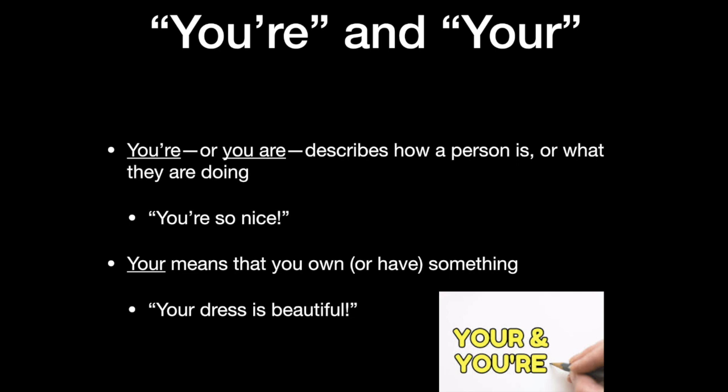The second your means that you have or you own something. The example I have is your dress is beautiful. What I mean by that is the dress belongs to that woman. So that's the difference between you're, Y-O-U apostrophe R-E, and your, Y-O-U-R.